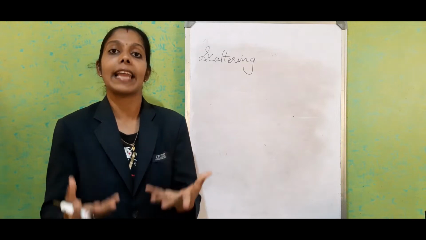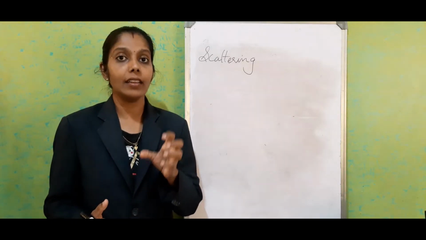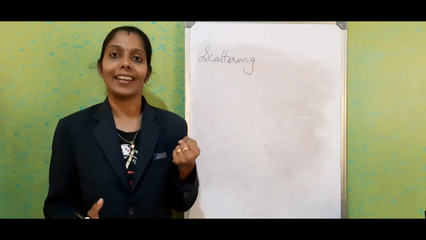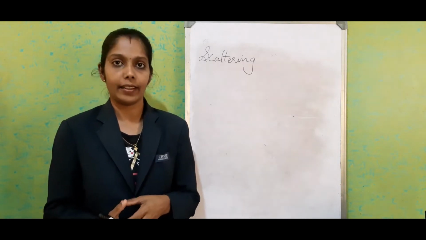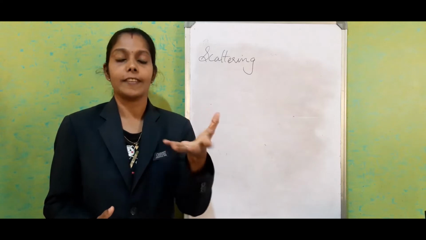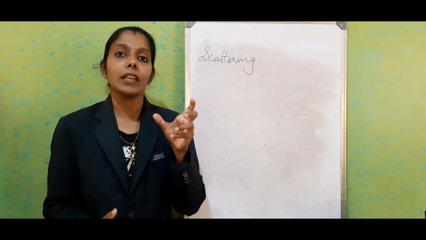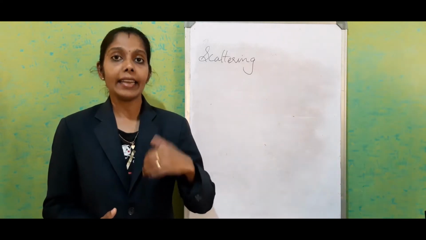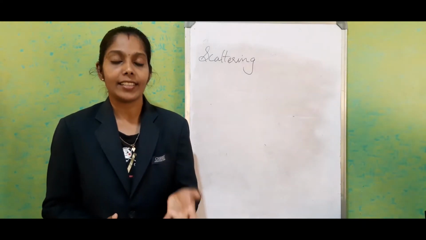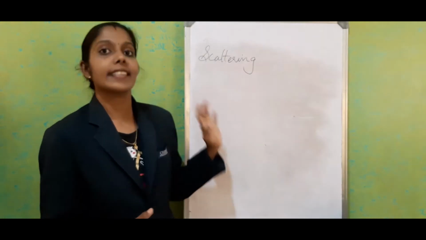What happens during scattering is that the dust particle first absorbs the light rays, then re-emits them without changing the wavelength. So the definition of scattering is that the light rays are absorbed by the dust particle and it re-emits the light rays. That is what we call scattering.